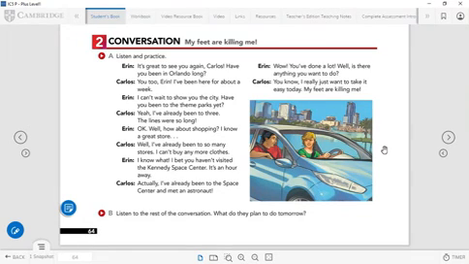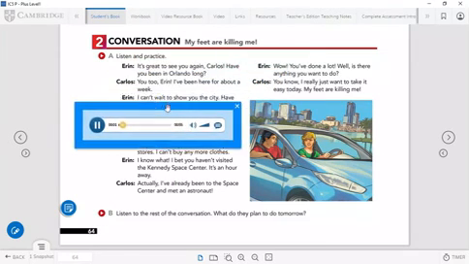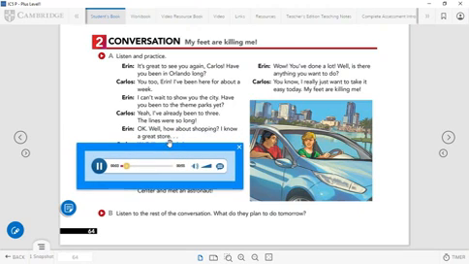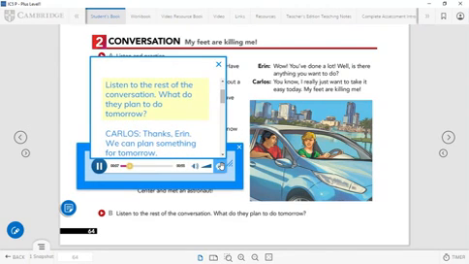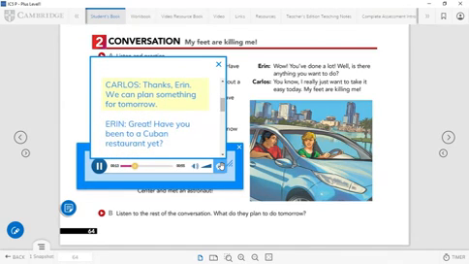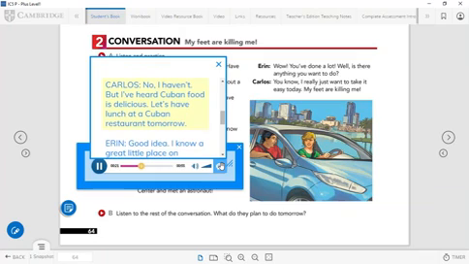What do they plan to do tomorrow? Page 64. Exercise 2. Part B. Listen to the rest of the conversation. What do they plan to do tomorrow? Thanks, Erin. We can plan something for tomorrow. Great. Have you been to a Cuban restaurant yet? No, I haven't.